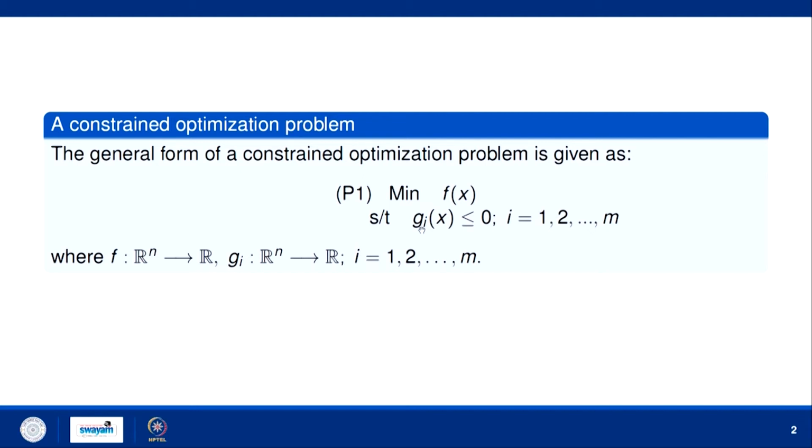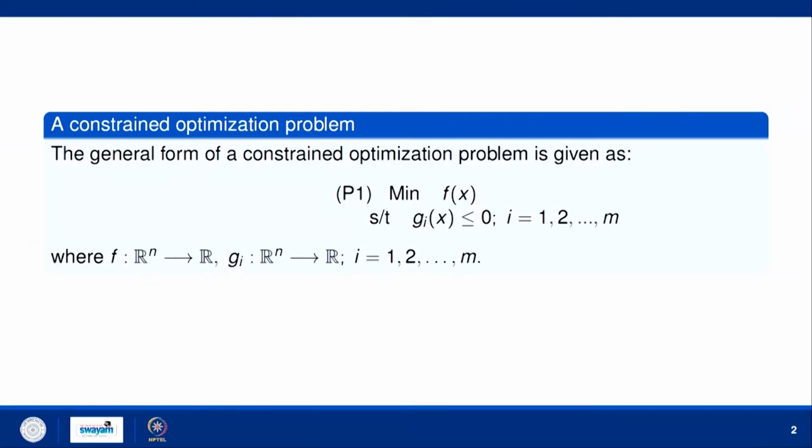Here we are having minimum of f(x), it may be maximum also. Here I am taking it as minimum. The same algorithm will be followed for maximum type constraint optimization problems as well. So, if it is minimum f(x) subject to g_i(x) less than or equal to 0, this f is basically the objective function subject to m number of constraints.